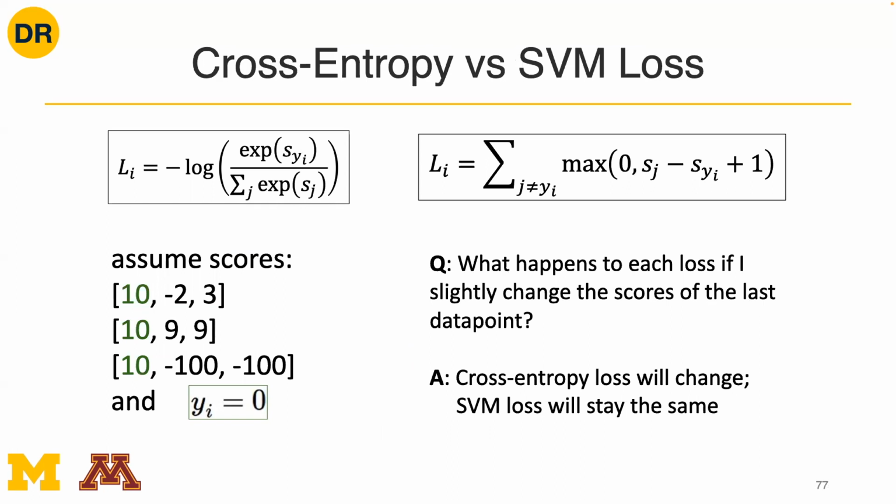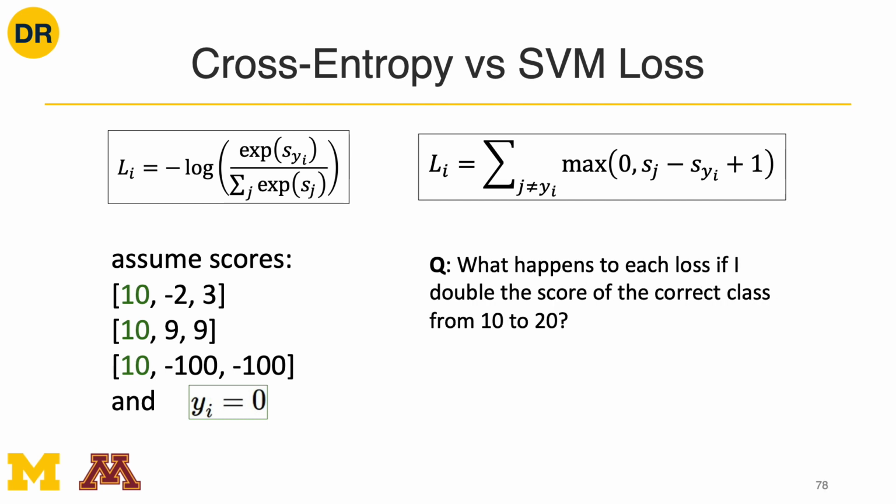Whereas for the SVM loss, you're right. Actually, if we change the scores of all the data points, which is how I was interpreting the question at first, the SVM loss would change for that second row, but for the first and the third rows, where the third row is the final data point as the question asks, the SVM loss will stay the same because of the margin. But yeah, good catch.